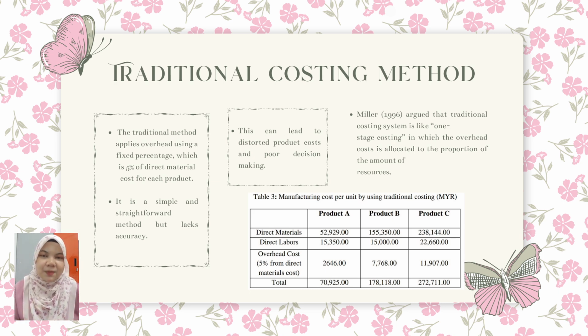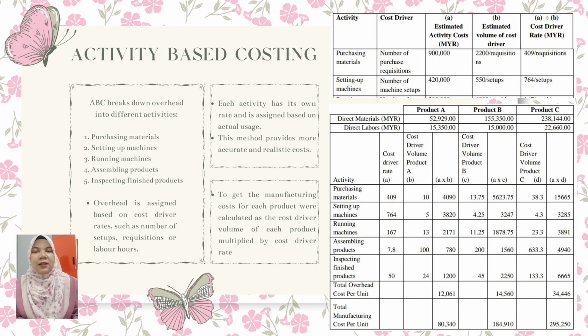As you can see in table 3, for product A, we multiply 5% by the direct material cost of product A. For product B, we also multiply 5% by the direct material cost of product B, and the same goes for product C.